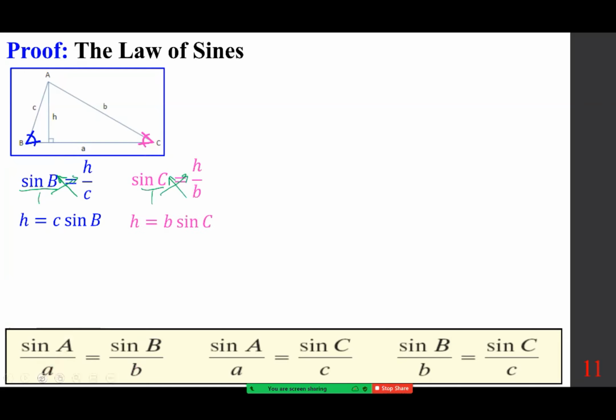H becomes B sine C because both of them are equal to H. Then C sine B is equal to B sine C.